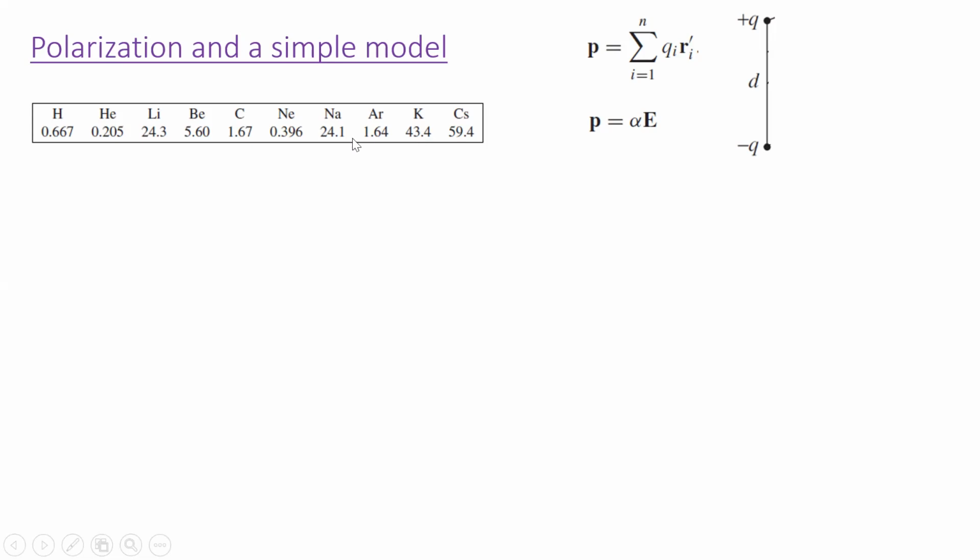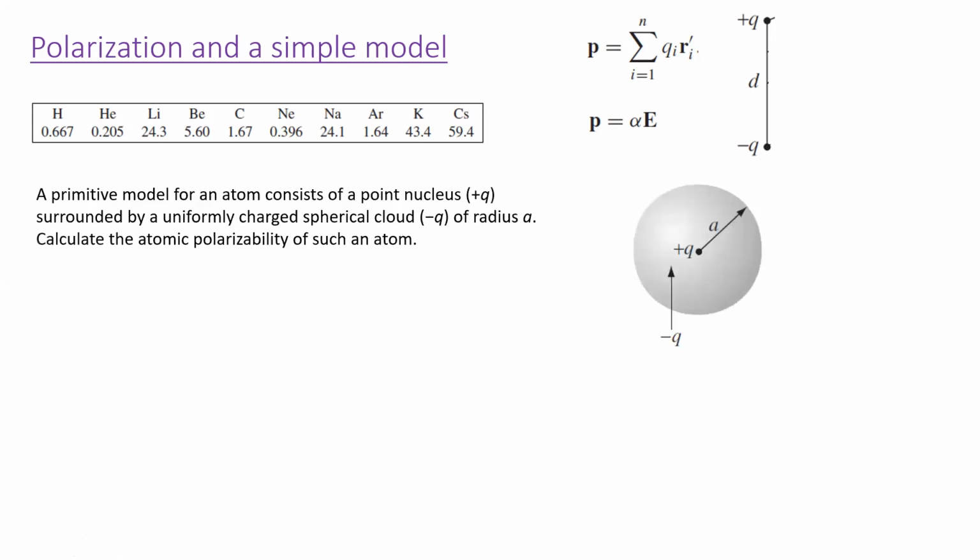So we're going to take a look first at a simple model for polarization. A simple model for an atom consists of just a point nucleus and a uniformly charged spherical cloud of radius a. Now we know that in fact there are atomic orbitals and so forth, but this is just a simple classical model for an atom.